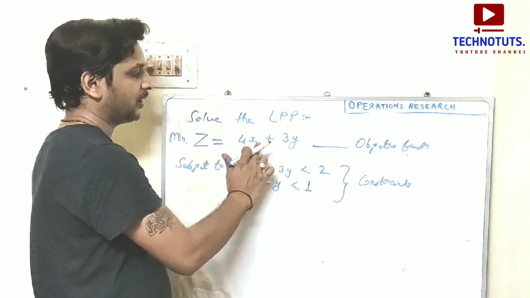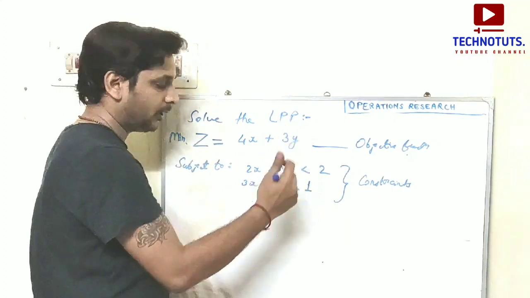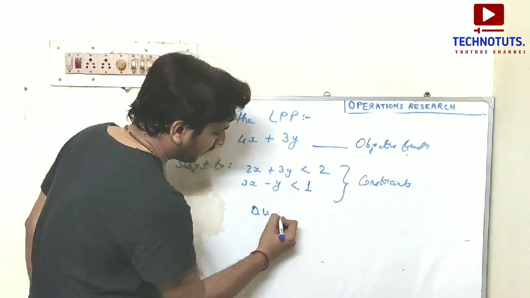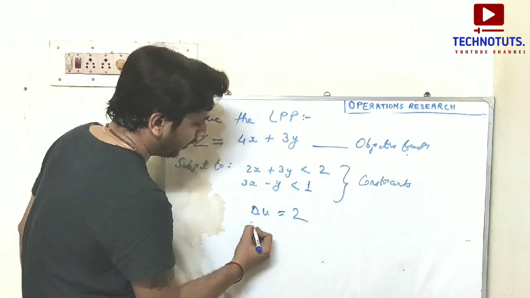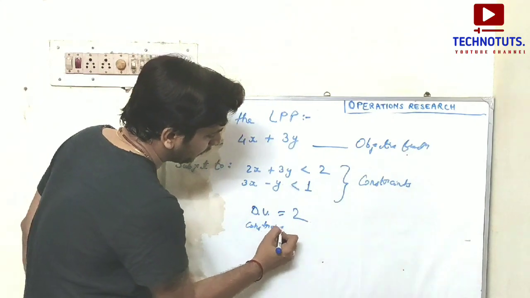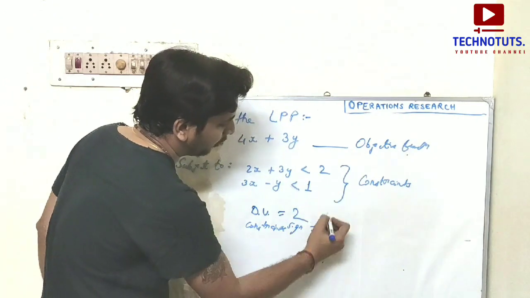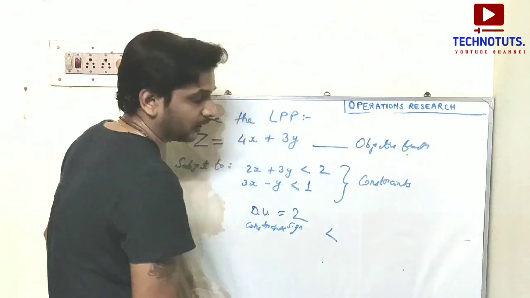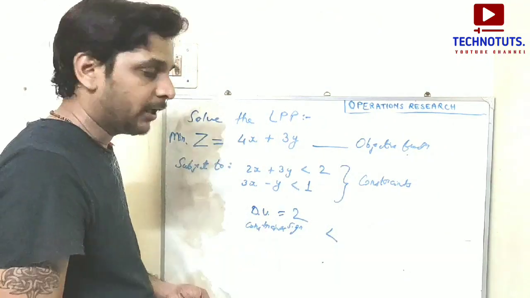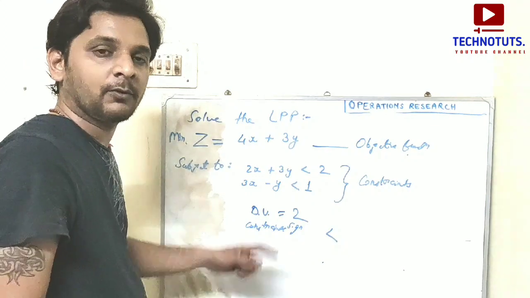The objective function is z, minimize z. The decision variables are x and y, so the decision variables are 2, and the constraint sign in both equations is the less than sign. So you can apply the graphical method as well as the simplex method for solving this problem.